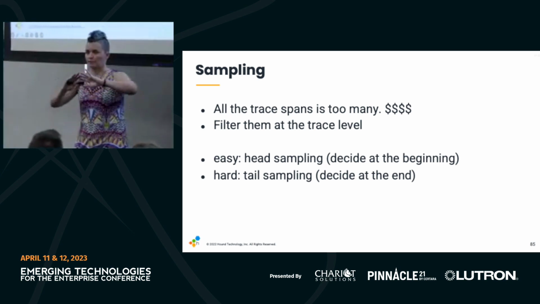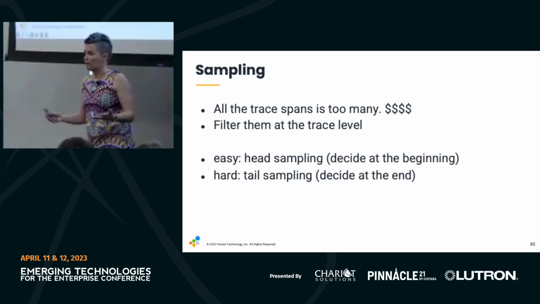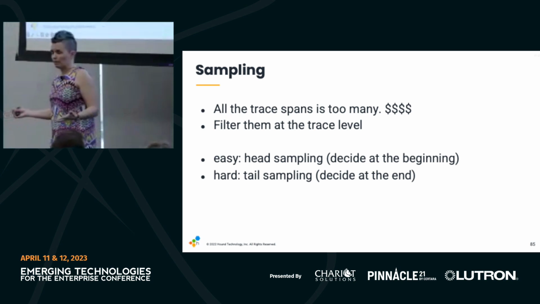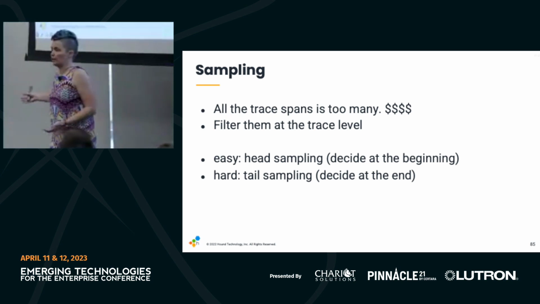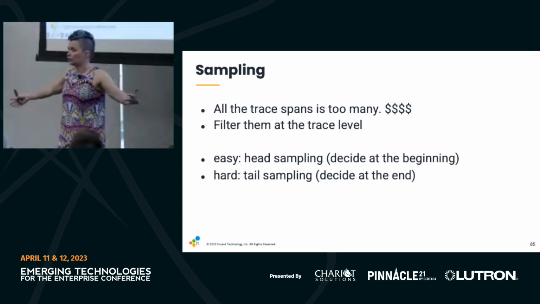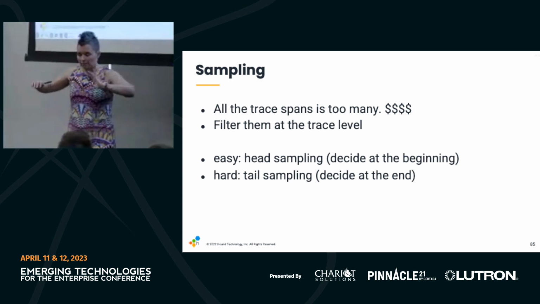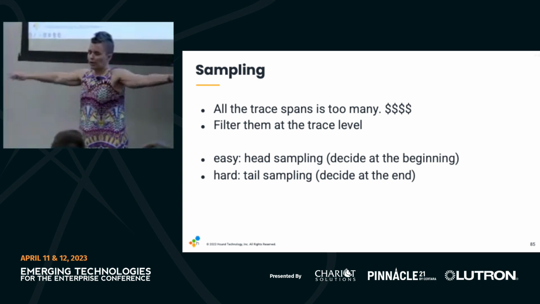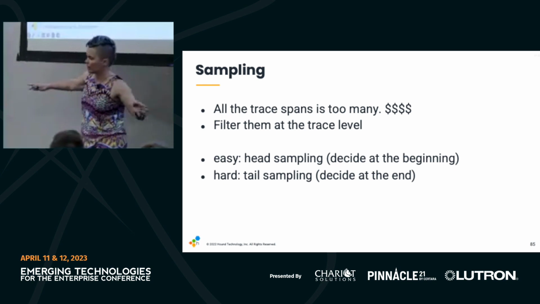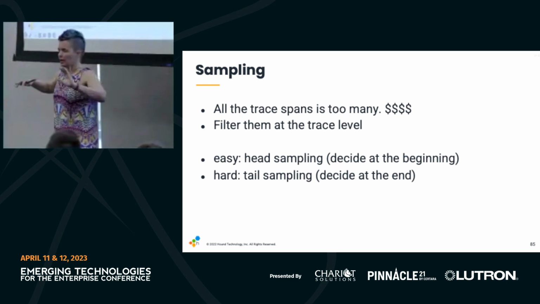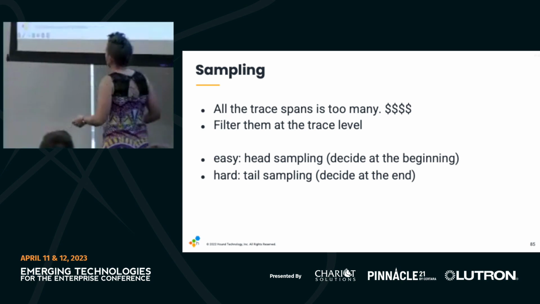If this is a story of an order checkout, maybe you want to keep all of them, or maybe all of the failed ones, or maybe all of the ones that took too long, or maybe you want a spread, but you want to keep something from every customer or every region. It gets really complicated.